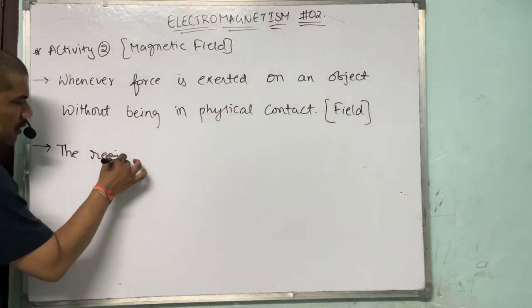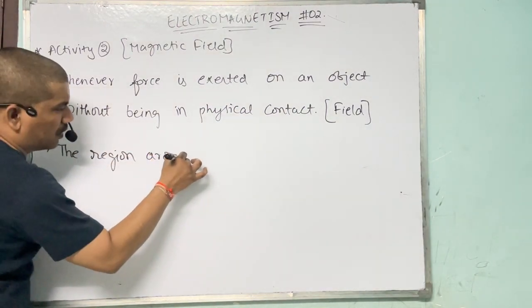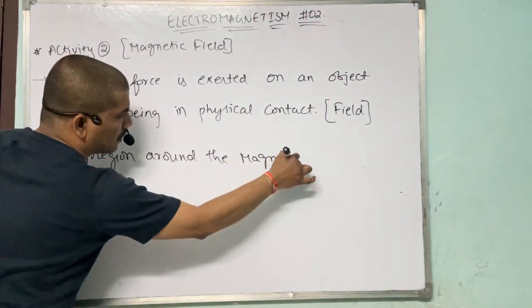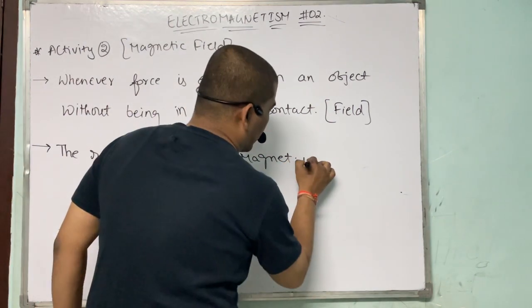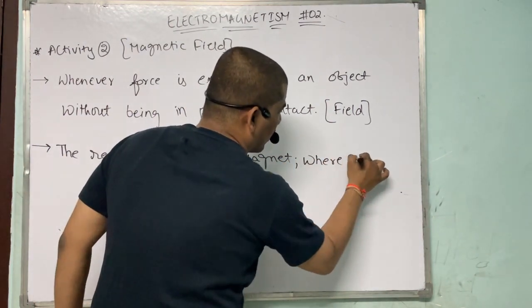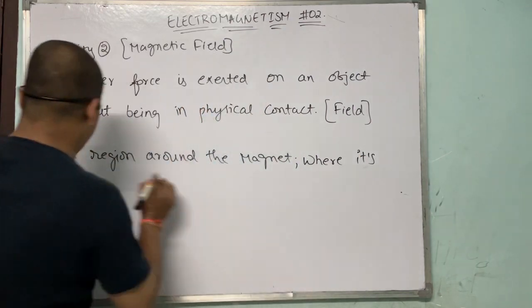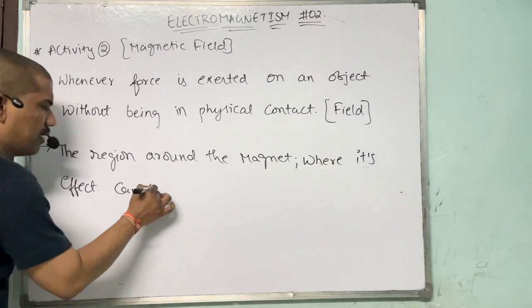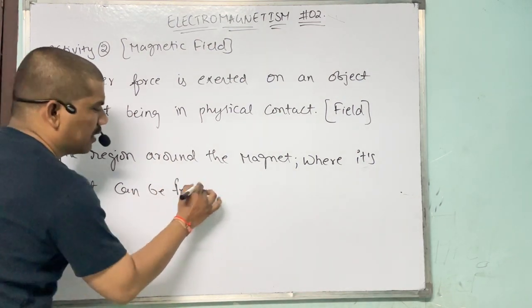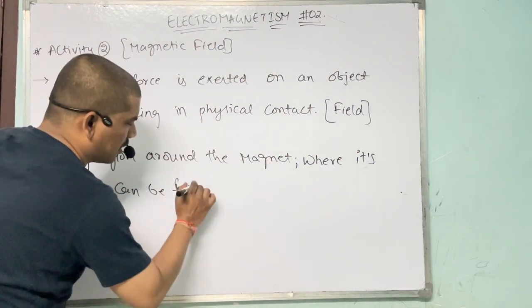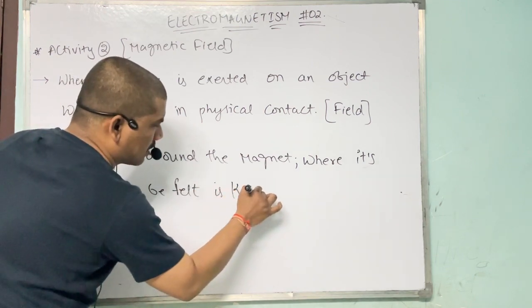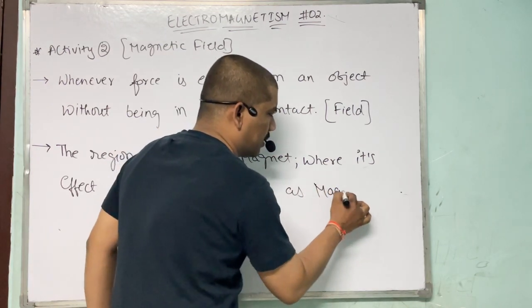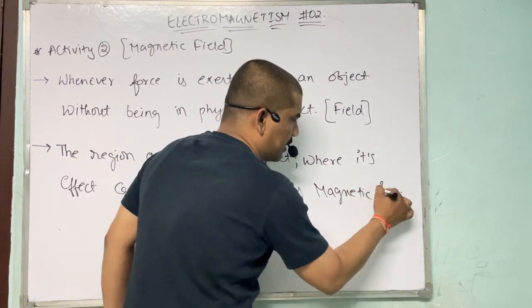The region around the magnet where its effect can be felt is known as magnetic field.